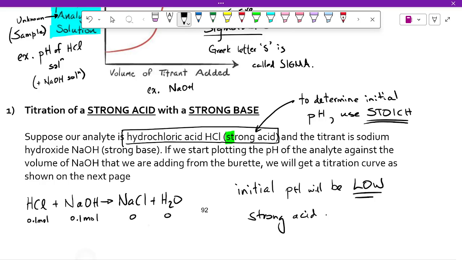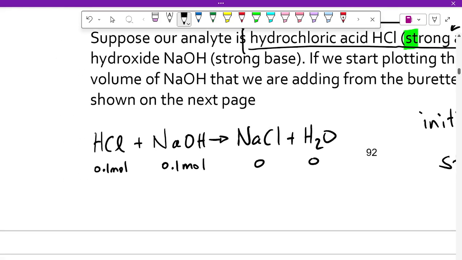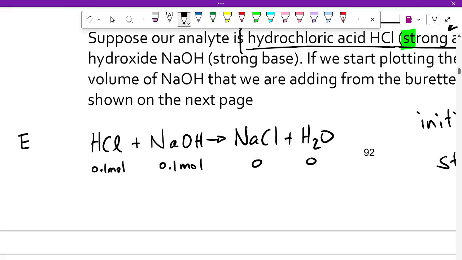Why did I choose 0.1 and 0.1? What would be true when I had 0.1 and 0.1? What point would we be at? Equivalent. That would be the equivalence point. Right? Because we've got the same moles of H as we have OH.